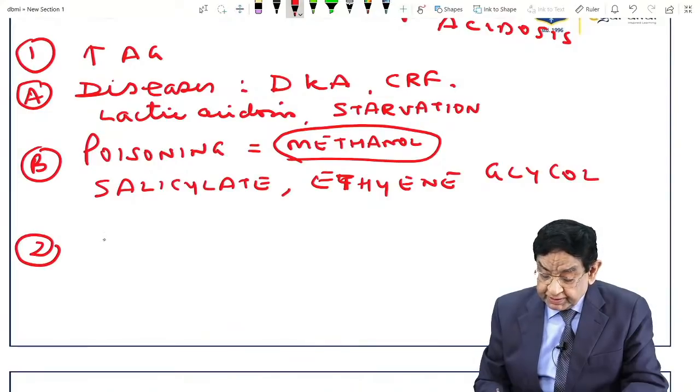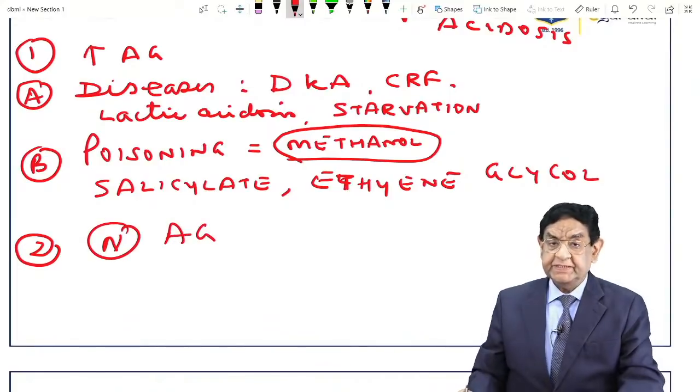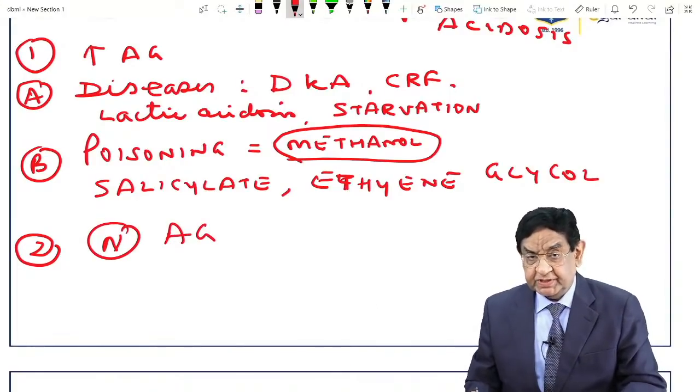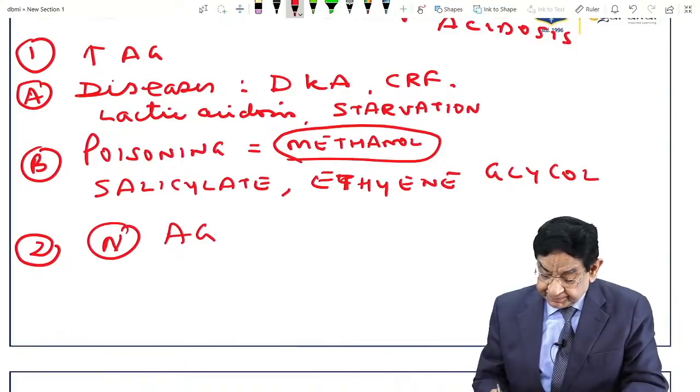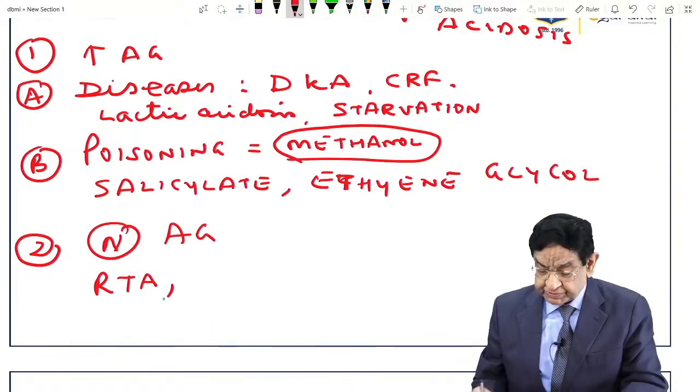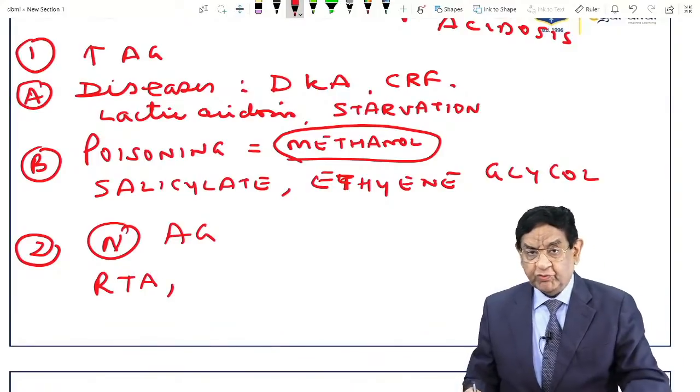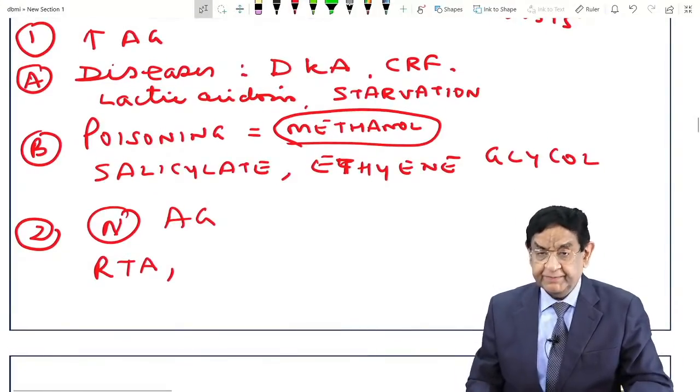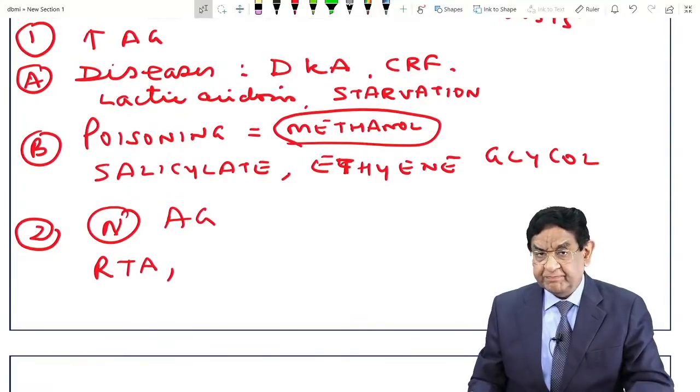Then we talk about normal anion gap. That means metabolic acidosis with normal anion gap. This we see in renal tubular acidosis. We will read in detail type 1, 2 and 4 RTA. In all these, there is a hyperchloremic metabolic acidosis.